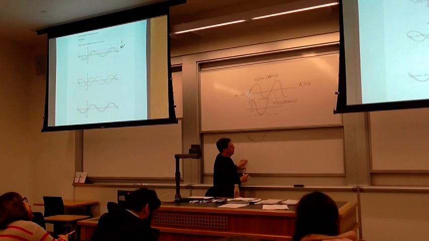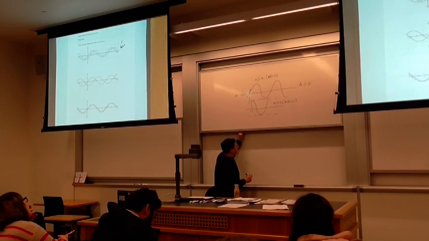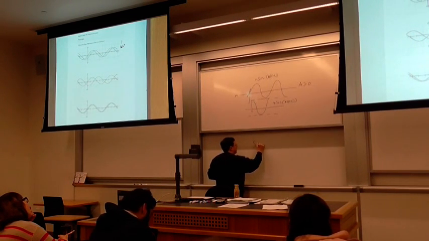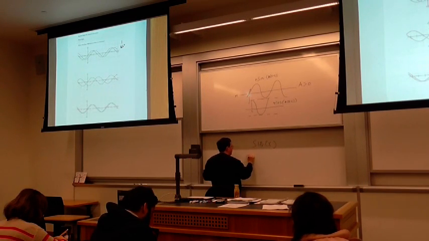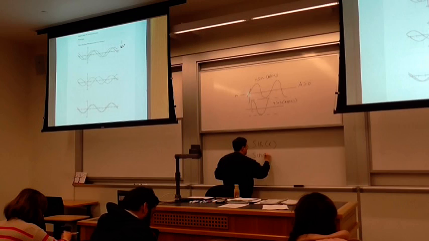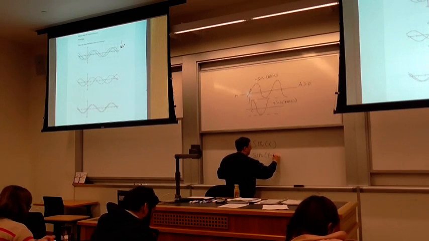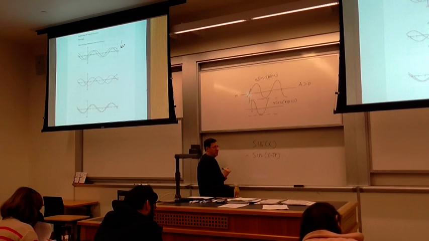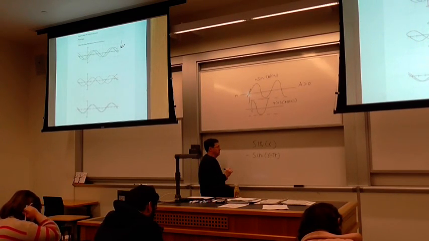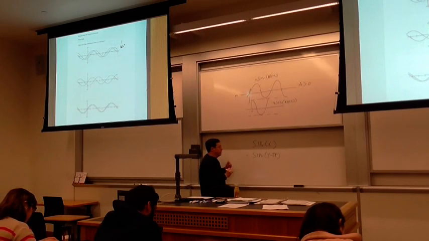Let me demonstrate that. So if I say sine of x, or if I say minus sine of x minus pi, which is half a period, I get the same thing, I claim.